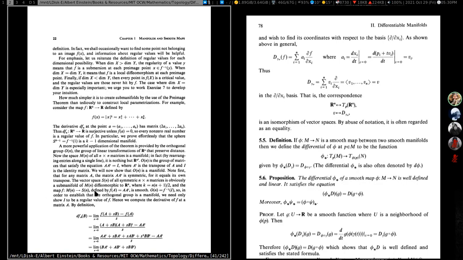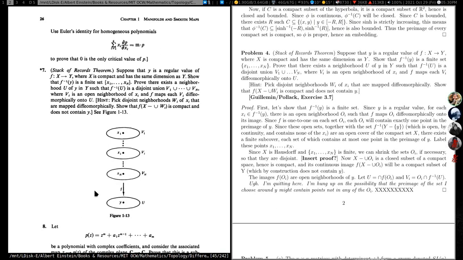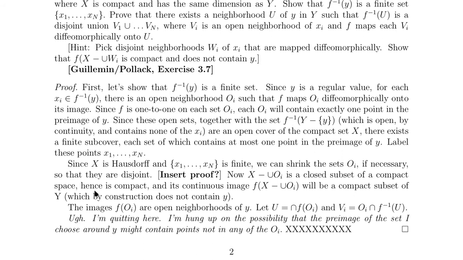So basically, the hypotheses here are strong enough to guarantee that the mapping is a local diffeomorphism. So around every point in the pre-image, there's an open set so that the function f takes that set diffeomorphically onto an open neighborhood of y. That's what the regular value part gives you, and they're the same dimension. Right. You first show that the pre-image is a finite set; y is a regular value.